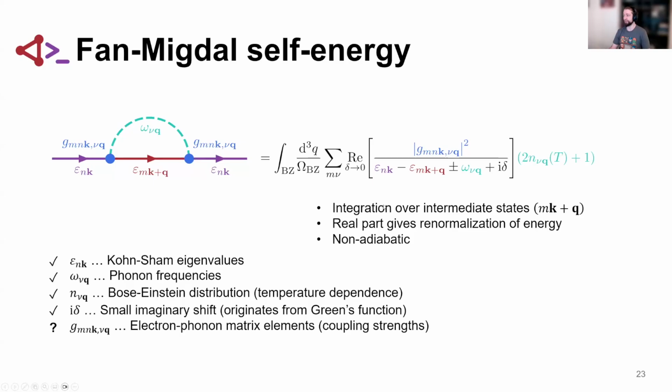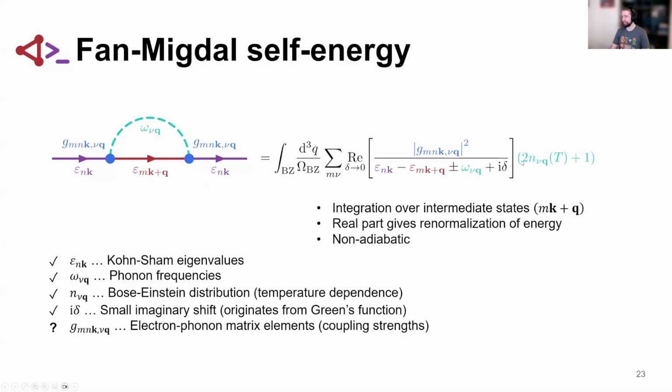So you have to integrate over all the intermediate states, over all the possible scattering processes. So you sum over intermediate band index M and also over all possible phonon momenta Q. And then the real part of this expression gives you the change in energy. Plus, of course, you also need the Debye-Waller contribution. So only the sum of both diagrams will give you what you want.